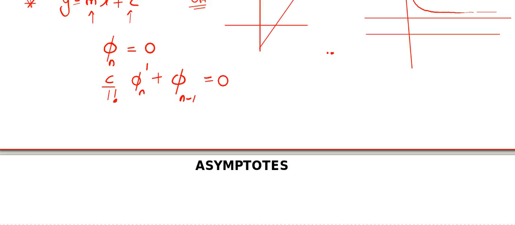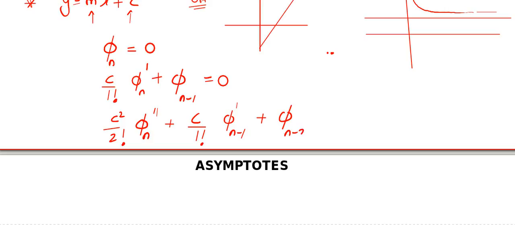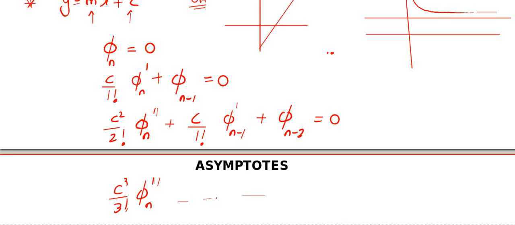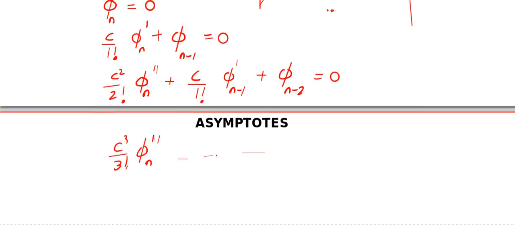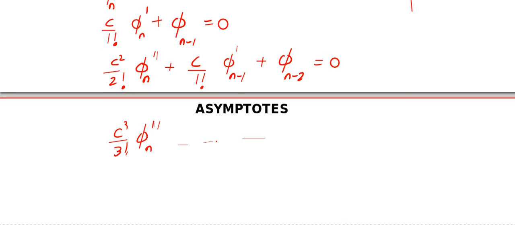The third equation is c square by 2 factorial phi n double dash plus c by 1 factorial phi n minus 1 dash plus phi n minus 2 is equal to 0. And it keeps on going like this, c cube by 3 factorial phi n triple dash, etc. I'm sure you didn't understand anything, but when we do the problems, let's make these things very clear.